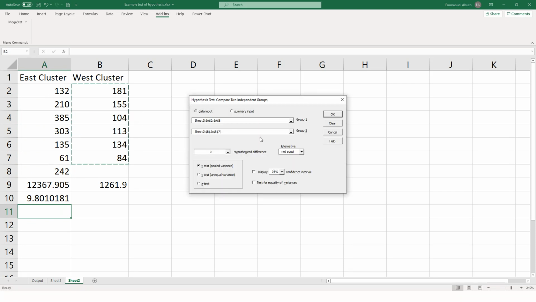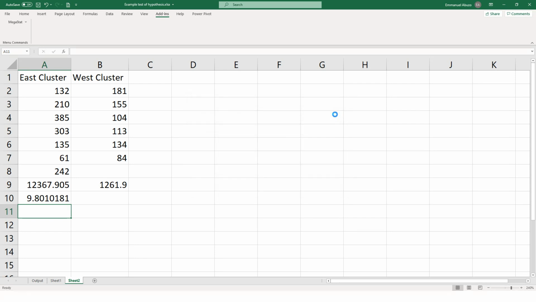Here, the hypothesized difference is 0, and then our alternative hypothesis is greater than. Since the alpha is 0.05, our confidence interval is 95%. And then we are going to click the test of equality and then okay.